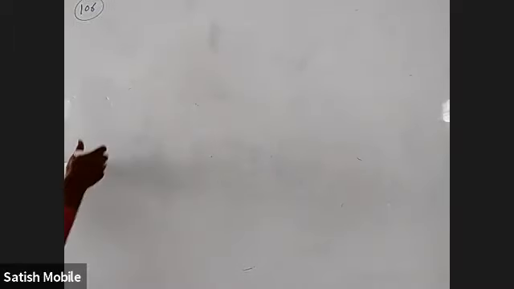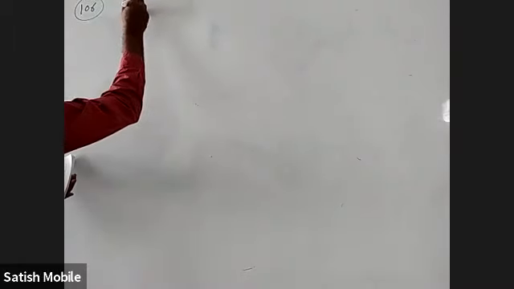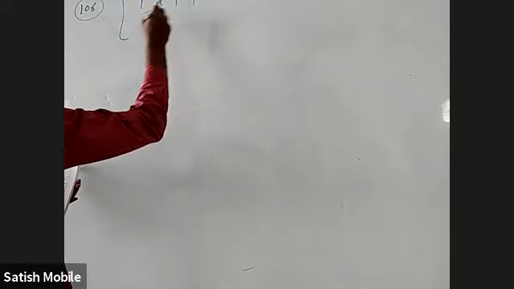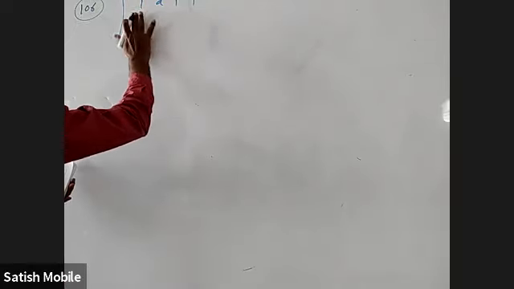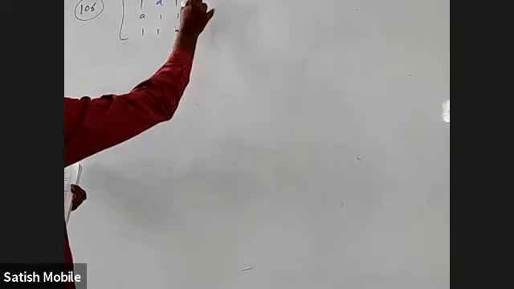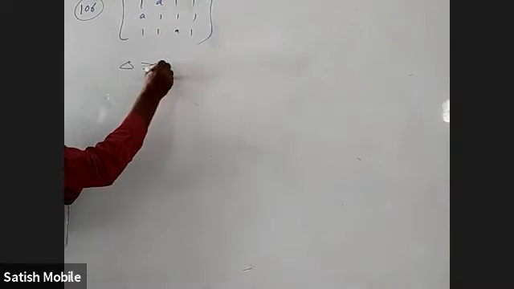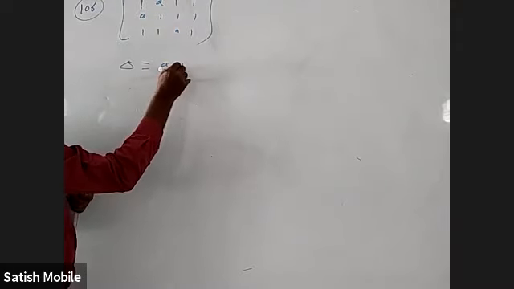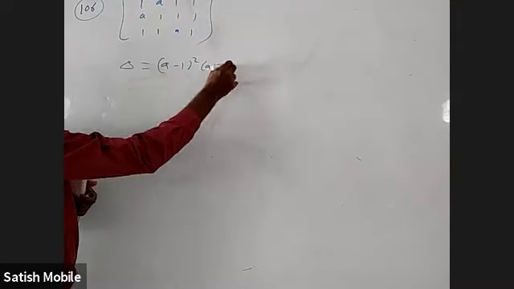Okay, 106. If I write this 1 A 1 1, A 1 1 1, 1 1 A 1. If you find delta, it will come again A minus 1 whole square into A plus 2.